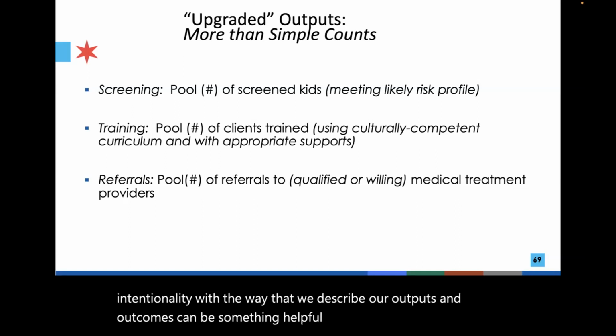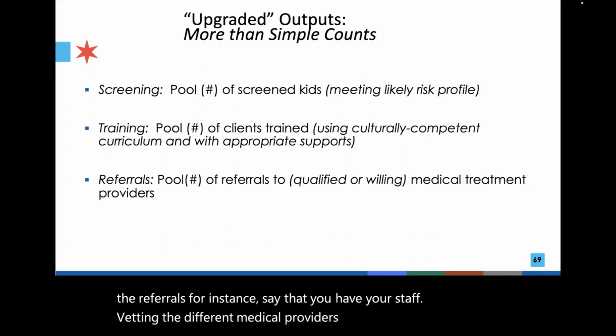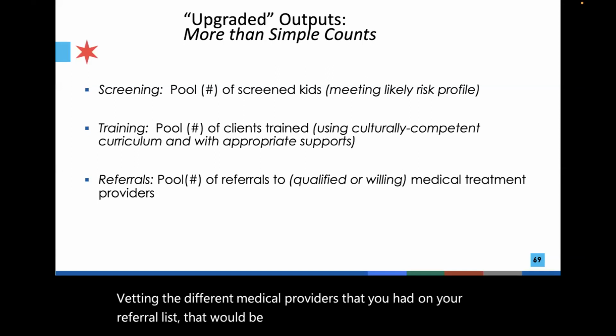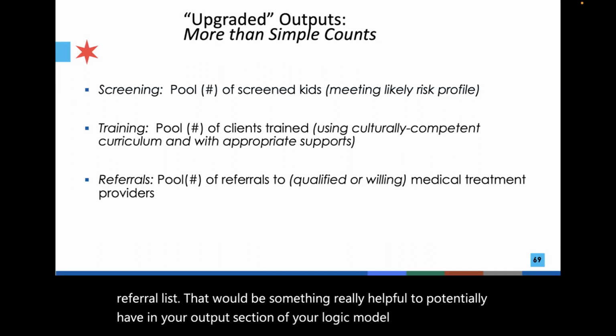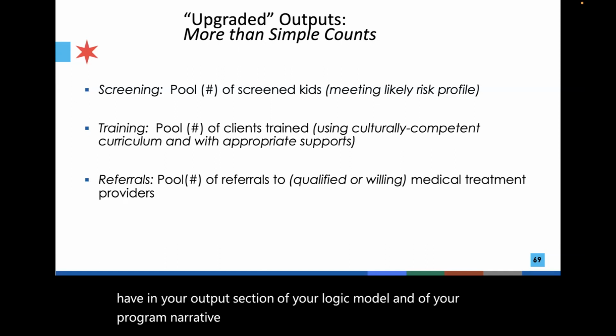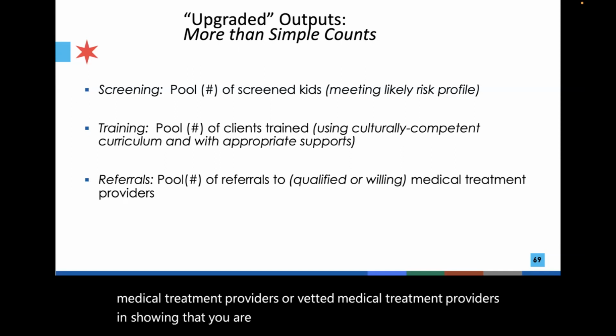So if in your program with the referrals, for instance, say that you had your staff actually vetting the different medical providers that you had on your referral list, that would be something really helpful to potentially have in your output section of your logic model and of your program narrative, to add in that descriptor of qualified medical treatment providers or vetted medical treatment providers, and showing that you are very, very specific and intentional with what kind of outputs you want.